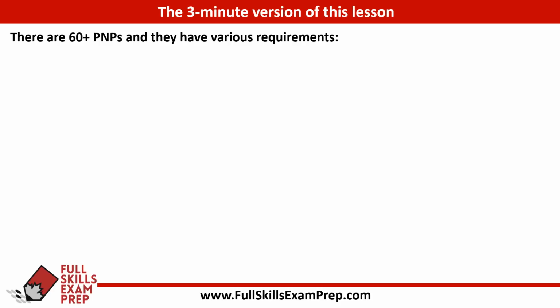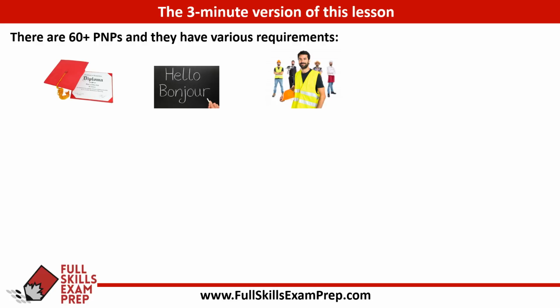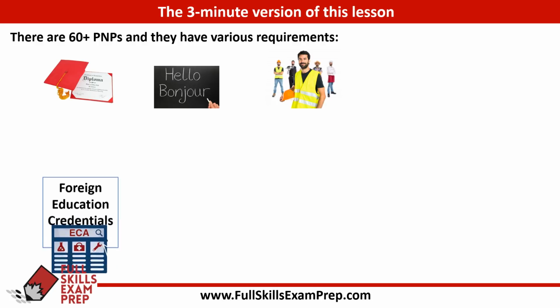All right. So as you know, there's tons and tons of PNPs. There's more than 60 at the moment. All of those PNPs have various requirements. So you probably skimmed through quite a few of them. You know that there's various educational requirements.